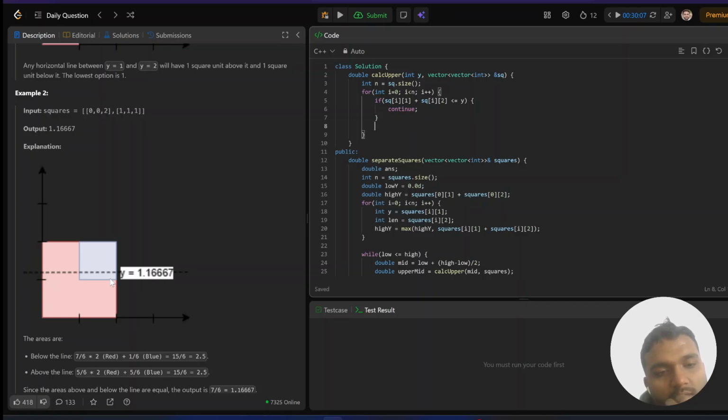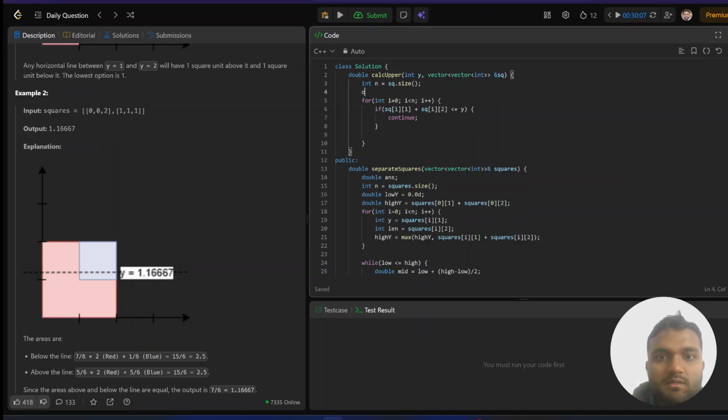Don't need to think about it very much. Okay, we have written an answer. So let me declare double area as 0, and if you are contributing to the area, then area plus equals what? You are a square of i type.